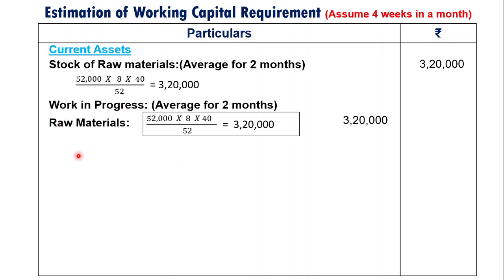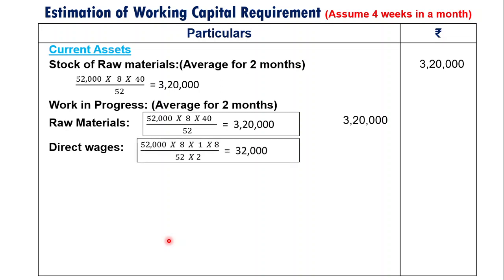The second component which is included in work in progress is direct wages. Now to arrive at direct wages, the calculation is 52,000 units, 8 weeks, that is 2 months, 8 divided by 52 into half, 50%, that is 1 by 2, into 8 rupees per unit as per our calculation in the working note, the per unit value of direct wages.